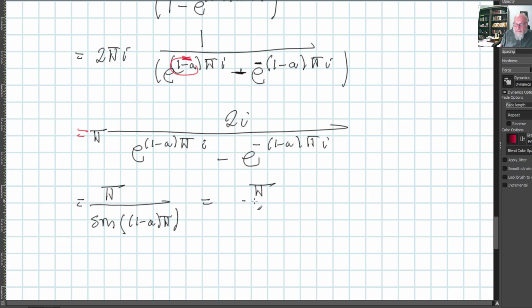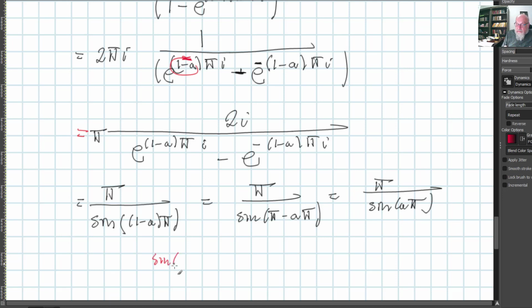Let me simplify it further. Pi, and this one is sine of pi minus a pi. And what is sine of that? This is sine cos. So this is sine of pi, which is 0, minus cosine, and this is equal to sine of a pi. Am I right?